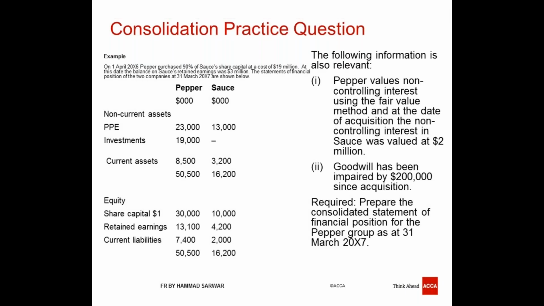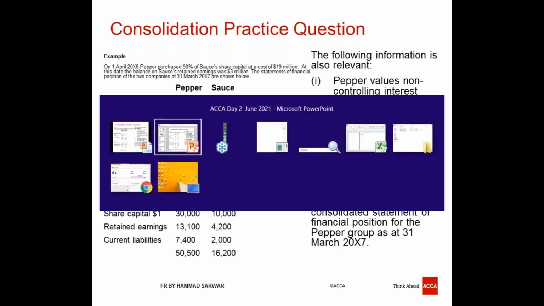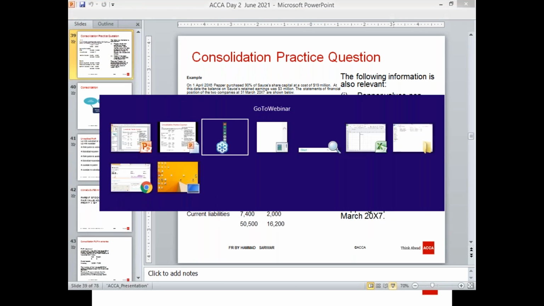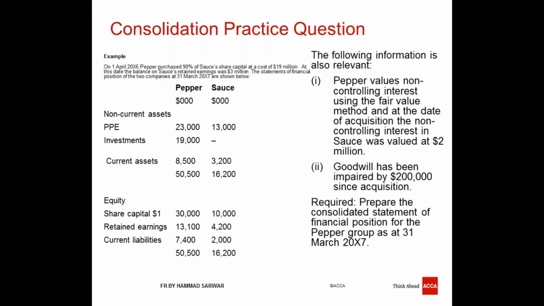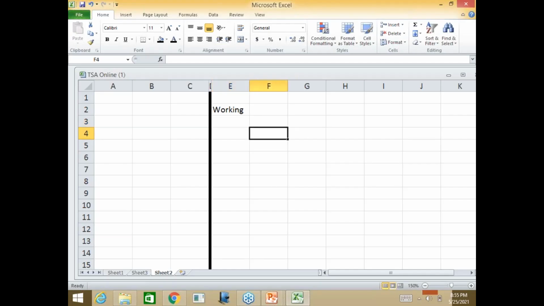It says on 1st April 2006, Pepper purchased 90% of the Sauce shares. Okay, the group share is 90%, the NCI share is 10%.